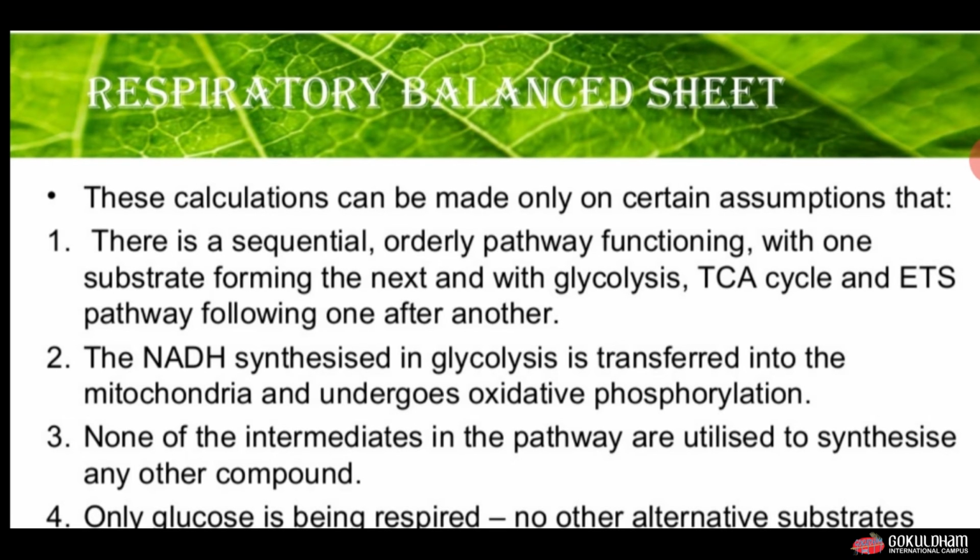It means the calculation of how much ATP is produced during all of respiration can be made on the assumption that glycolysis, Krebs cycle, and electron transport system take place in a sequential manner and a particular order: first glycolysis, then Krebs cycle, then electron transport system.